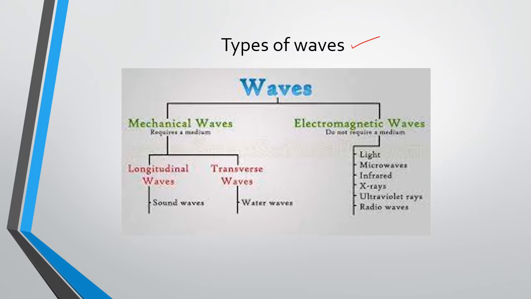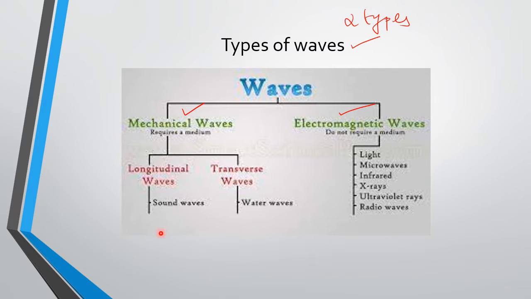There are types of waves. There are rather two types of waves, I would say, the mechanical waves and the electromagnetic waves. The mechanical waves require a medium, whereas the electromagnetic waves do not require a medium. The mechanical waves are again of two types, longitudinal waves and transverse waves.